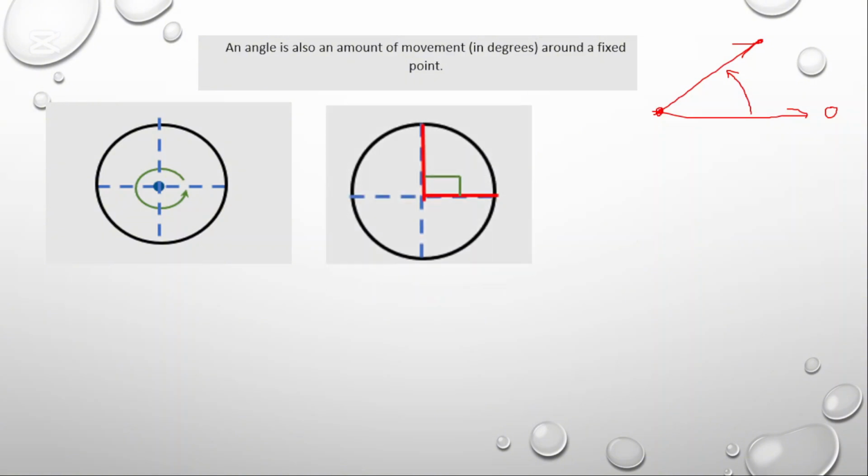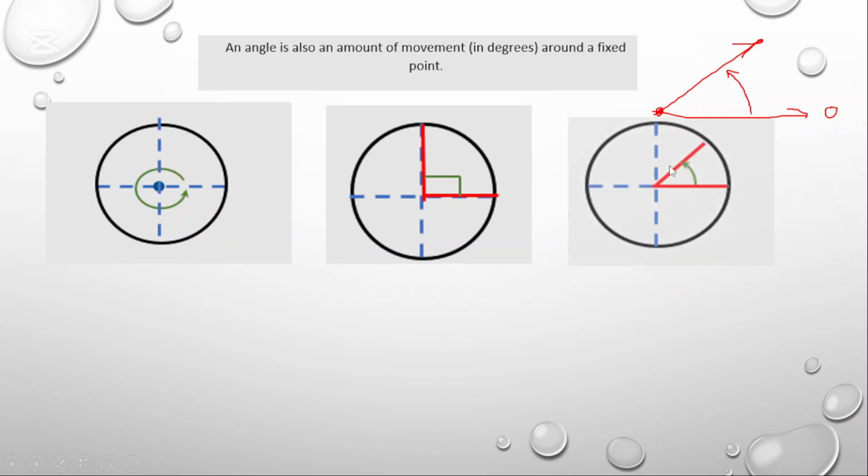Right, the next one. Here the movement was from this north line to the 90-degree line, right? And you see that over there, that will tell us the movement was 90 degrees. So that is our symbol for 90 degrees. So we have an angle that is equal to 90 degrees. Then the next one.